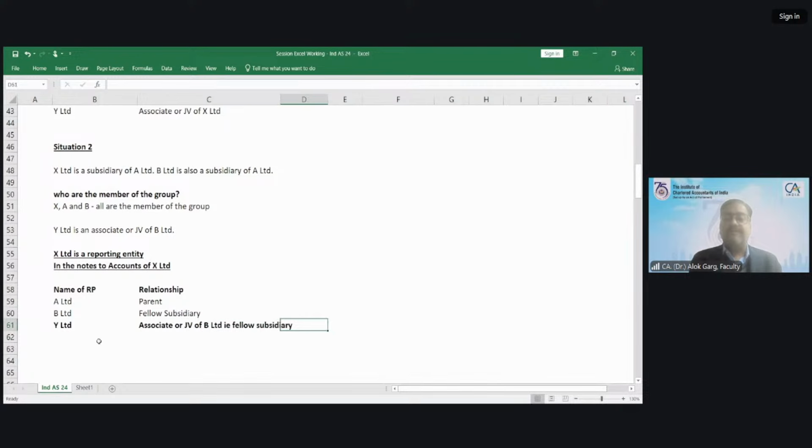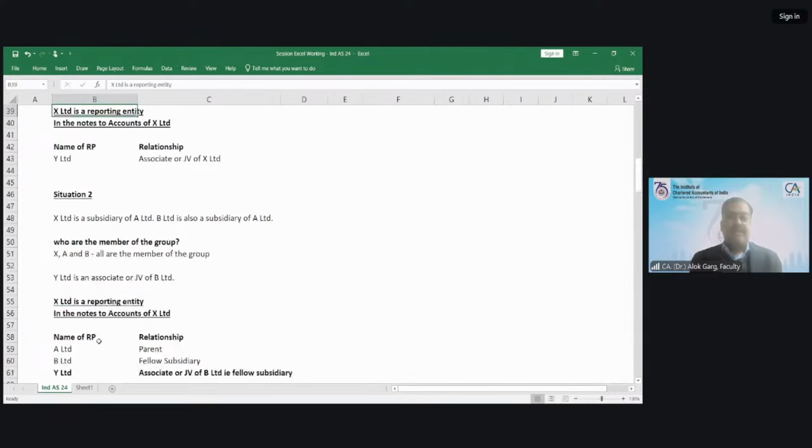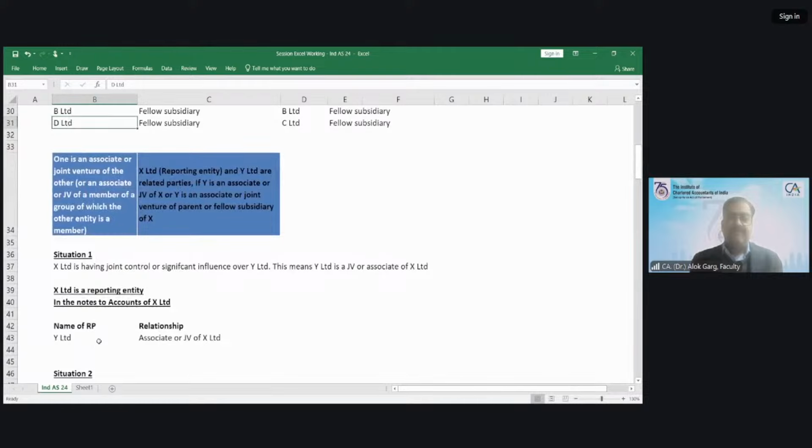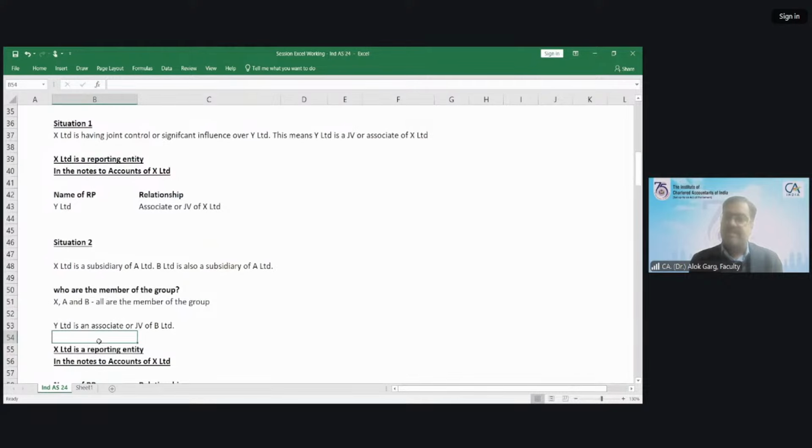Is that clear? If there is an associate or JV of a member of the group, then that associate or JV will also become a related party to all the members. Clear? I hope this is very clear after this example in the Excel file.